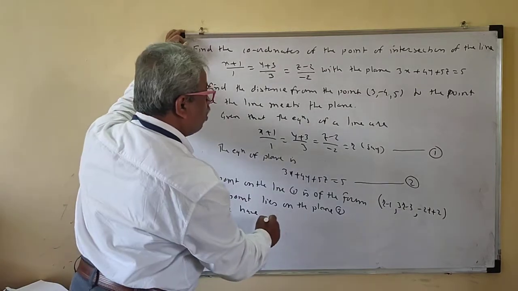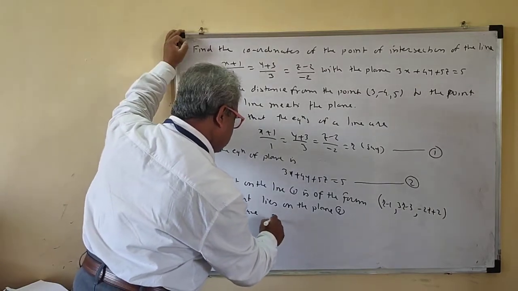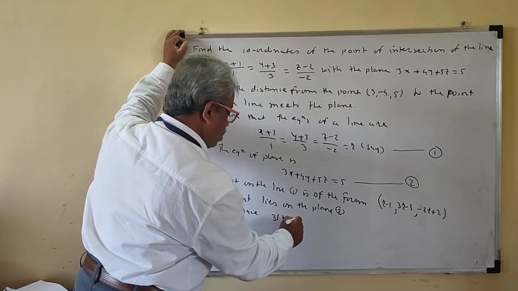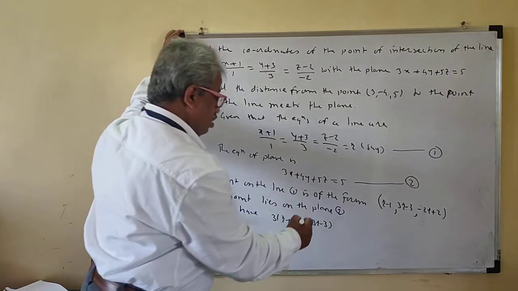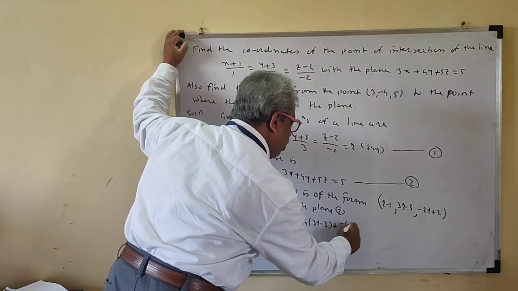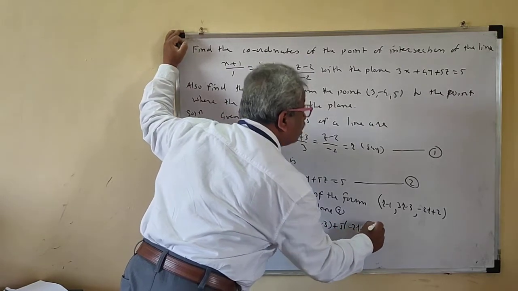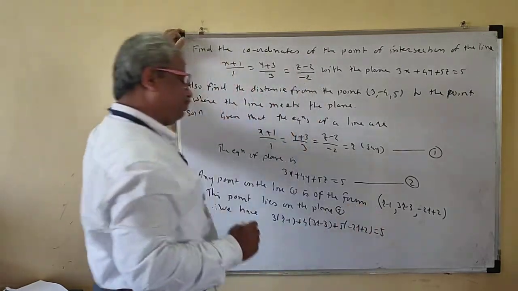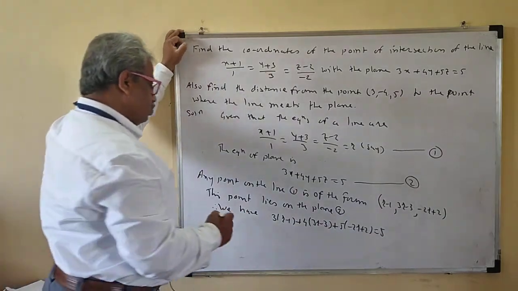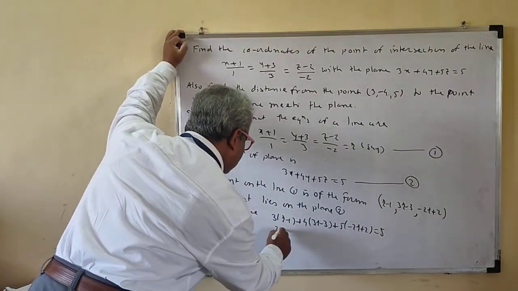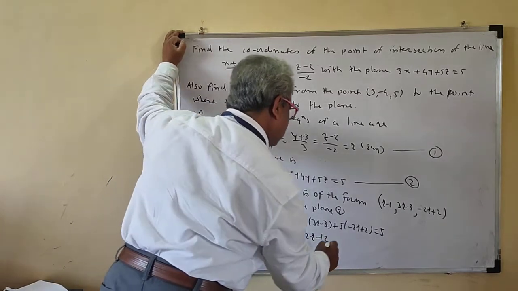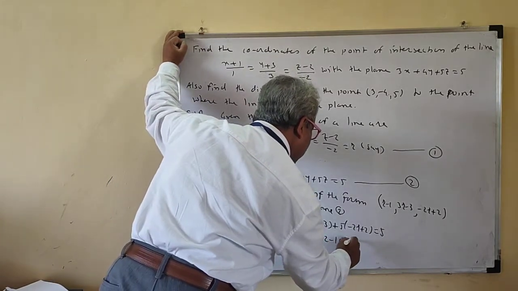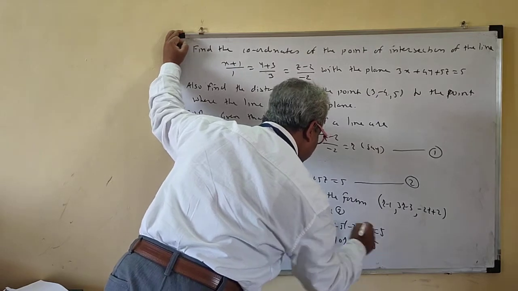So we have 3(r - 1) + 4(3r - 3) + 5(-2r + 2) = 5. That is 3r - 3 + 12r - 12 - 10r + 10 = 5.